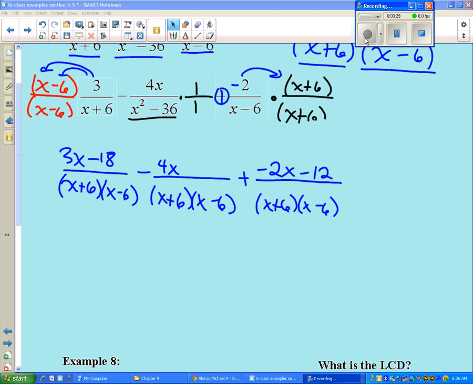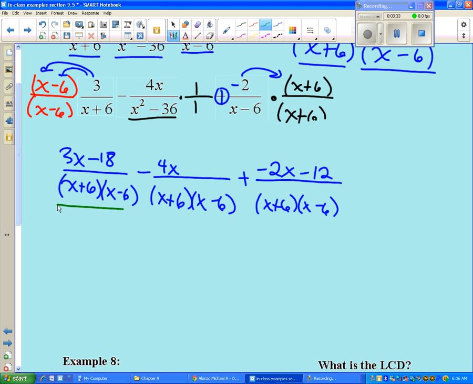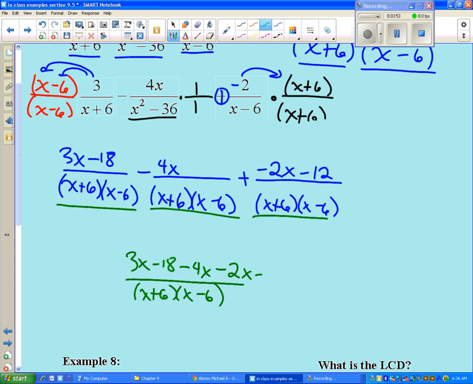Give myself a little more room. Now, since I have the same denominator in all three fractions, I can go ahead and just have one denominator. So that's x plus 6 times x minus 6. And then I can put everything together. 3x minus 18 minus 4x plus a negative 2x minus 12.